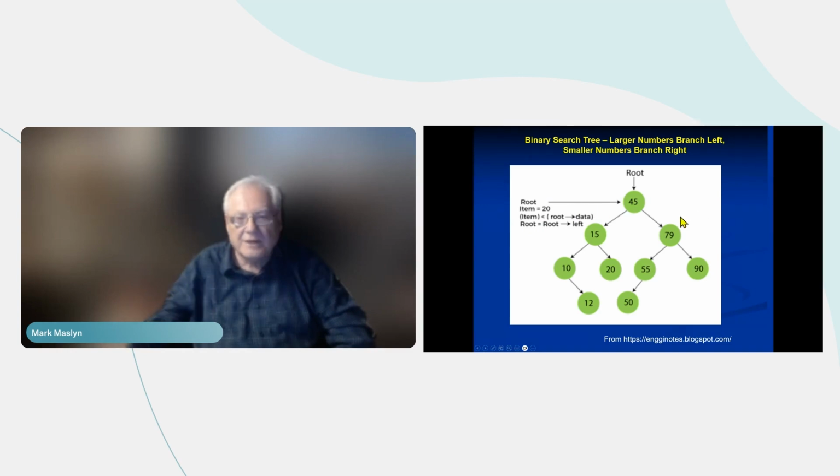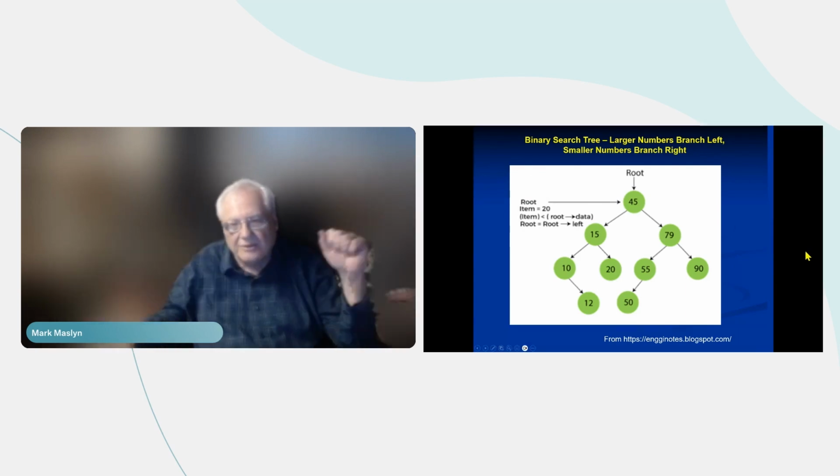So this 45 comes in, and if you have a 15, you branch this way. But if you had a number higher than 45, it would branch this way. And basically, you're building a tree structure. Like I said before, this is very, very common, particularly in databases. And of course, you could look at this as a graph at the same time.